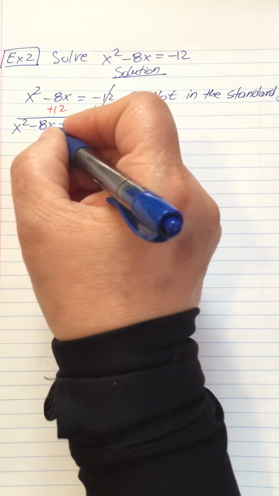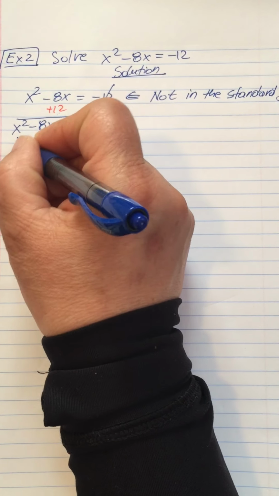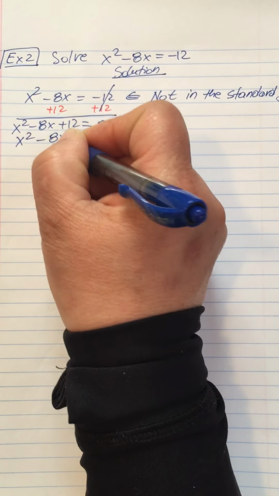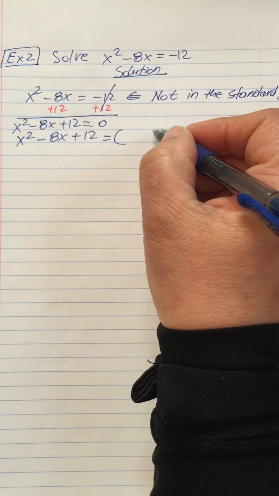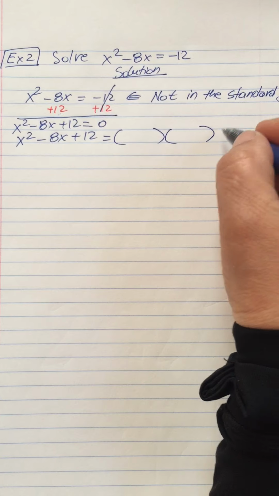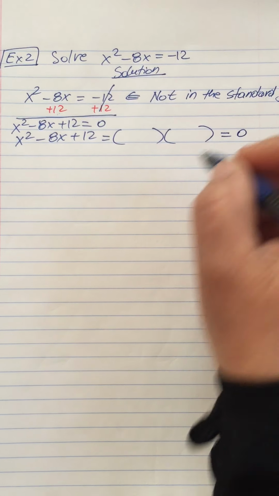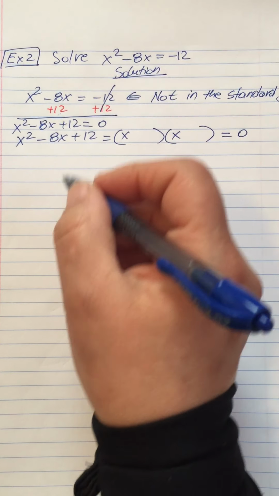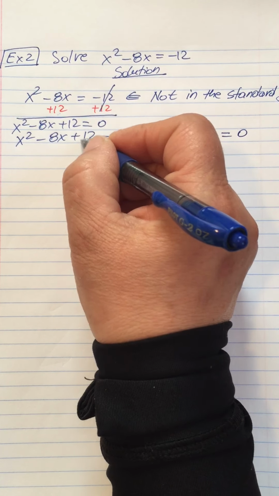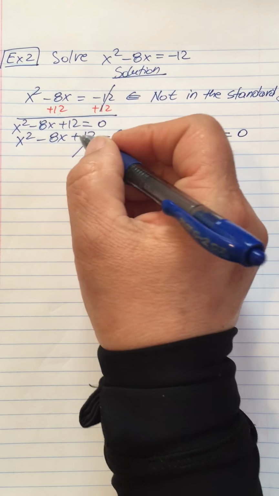And now what am I doing? I'm rewriting again the left side, which is the trinomial that I want to factor, into two binomials. And now I know the first term is x times x, and I need two numbers, and for this I need the factors of the product.